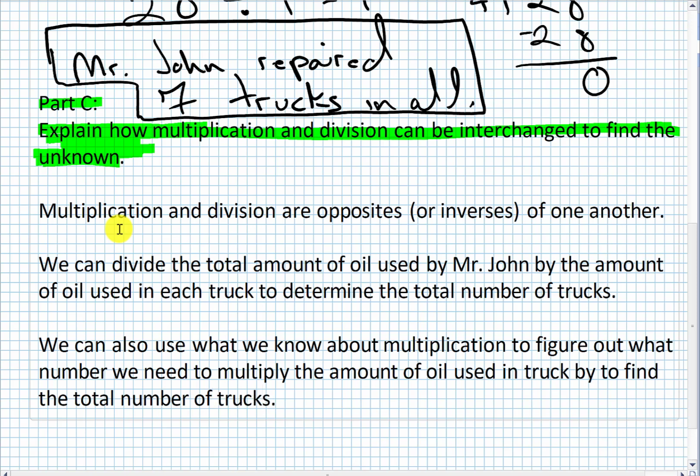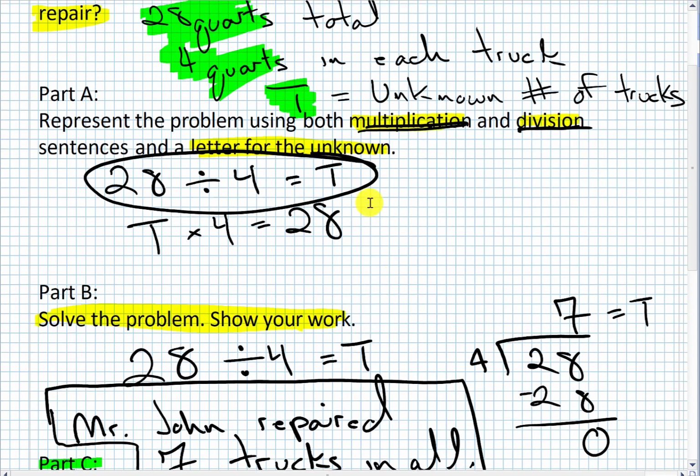Okay, so this is a quick explanation of how the opposite or inverse relationship of multiplication and division can be used to help us find the unknown value in this particular question. And we explained it here, but we actually modeled it or wrote it out here, okay?